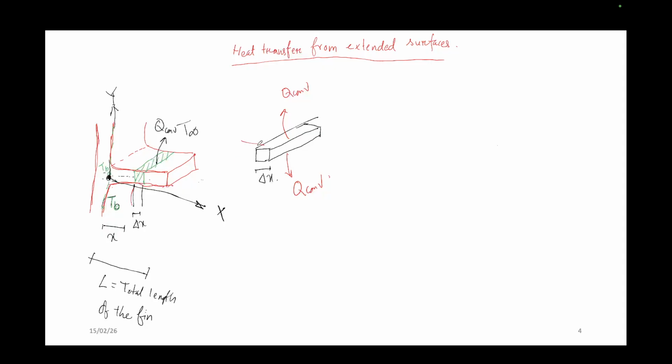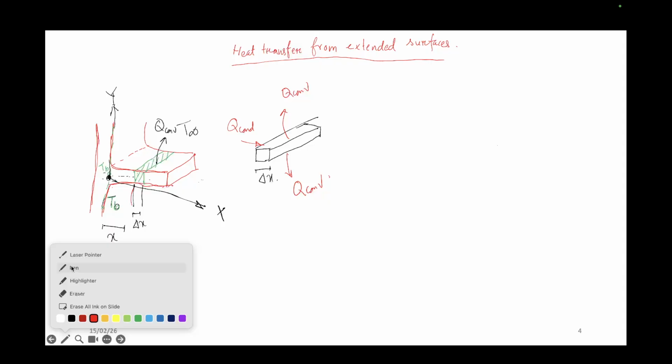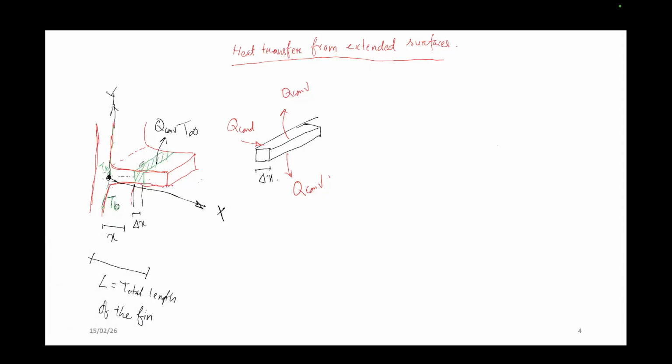Similarly, the heat will flow in this direction due to conduction. Please tell me if it is clear or not. In this direction it is Q conduction. So I represent this Q conduction as Qx.